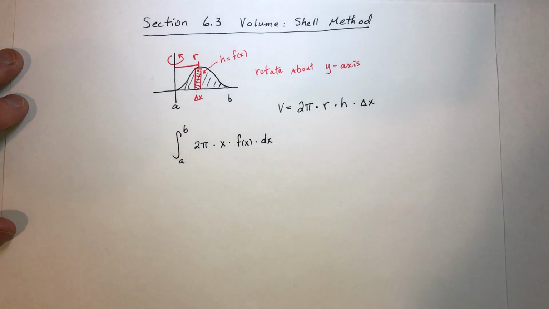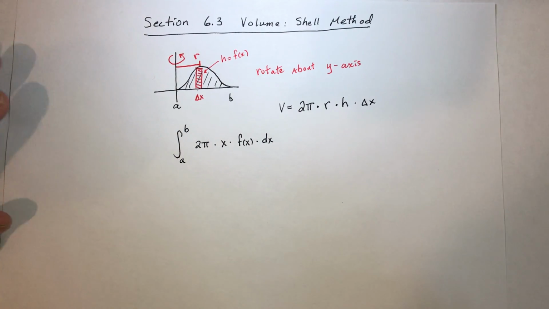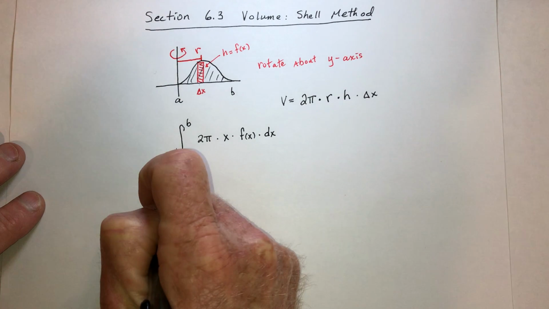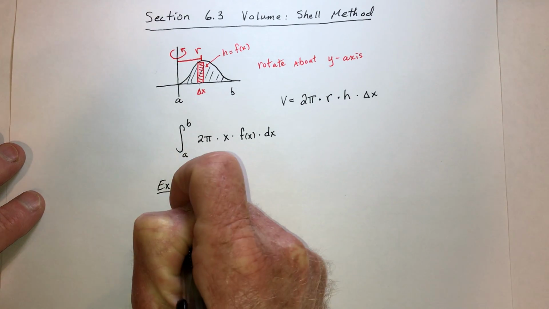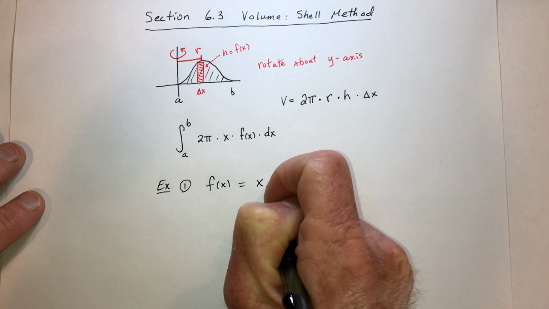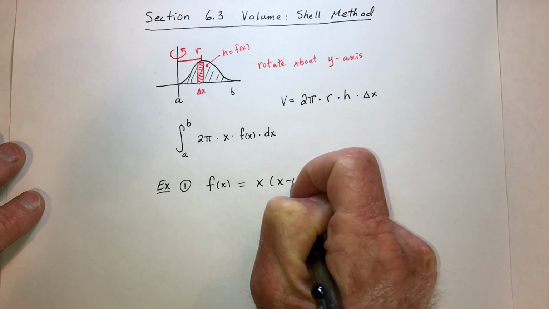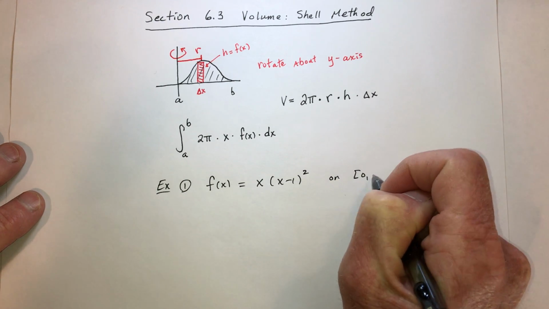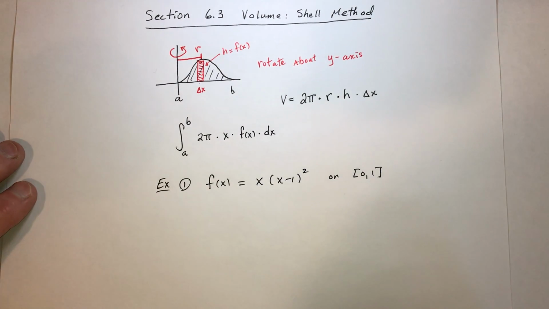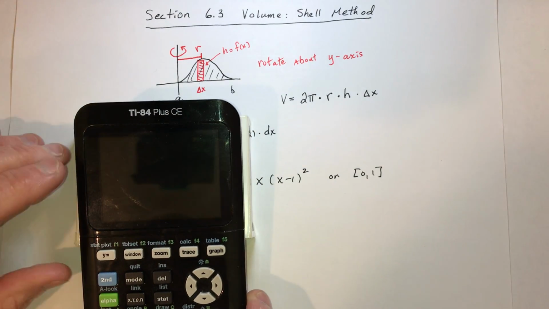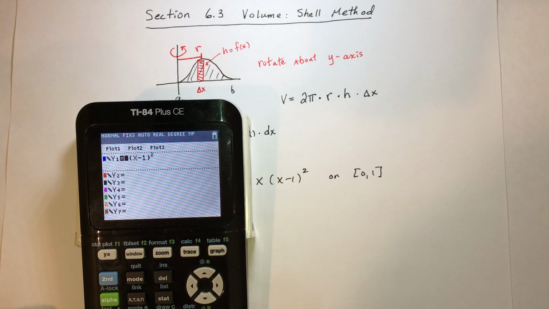Okay, now let's do an example. So what's an example that would create a function like this? The example is x times (x minus 1) squared on the interval from 0 to 1. And just in case you don't believe me, here's y equals x times (x minus 1) squared.